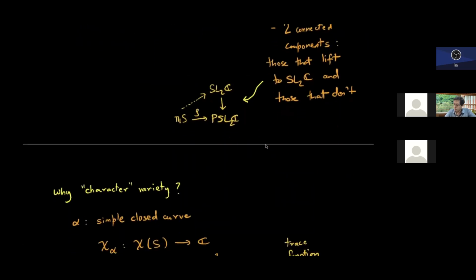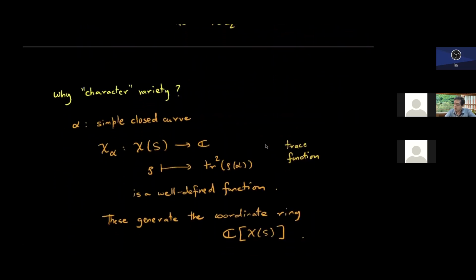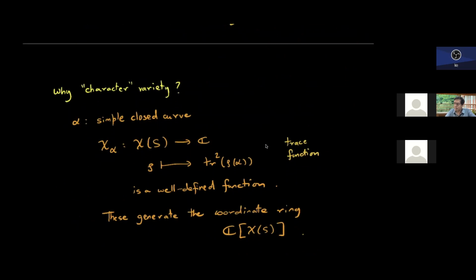Okay, and I should also say that the reason why it's called a character variety is because there are some special functions. There's this set of trace functions of these characters which generate the coordinate ring, the ring of regular functions on this algebraic variety, and these are associated with any simple closed curve.